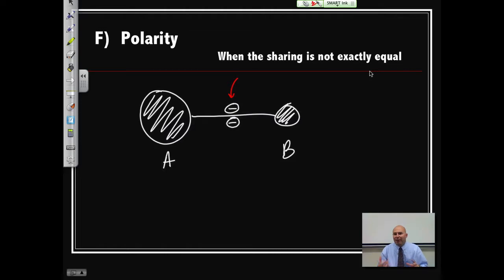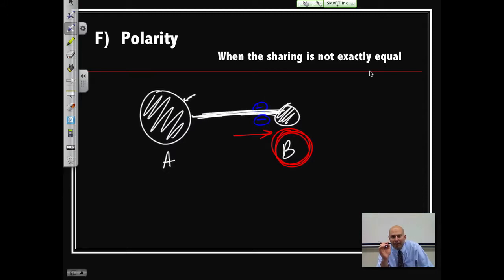Okay? Not every atom has the same attraction or affinity for electrons. So let's say that the electrons are more attracted by B. Well, if that's the case, then the electrons are going to be a little bit closer to B. They're still being shared by A. There's still that bond in between, but it's not a complete negative charge, right?